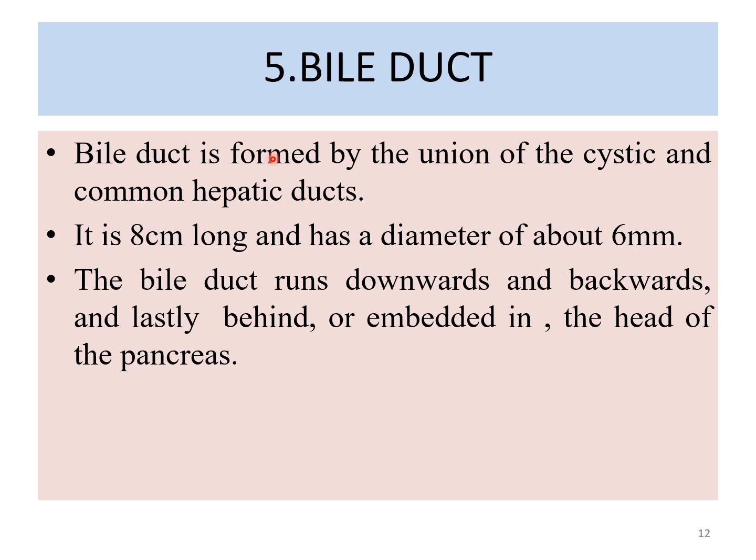The bile duct is formed by the union of the cystic and the common hepatic ducts. The bile duct, the fifth important duct, is formed by the union of the cystic and common hepatic ducts. It is 8 cm long and has a diameter of about 6 mm. The bile duct runs downwards and backwards and lastly behind or embedded in the head of the pancreas.